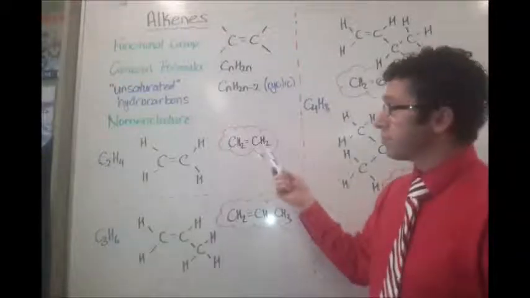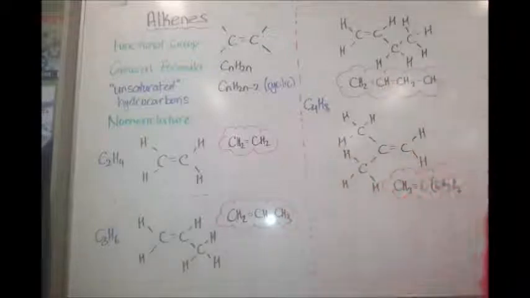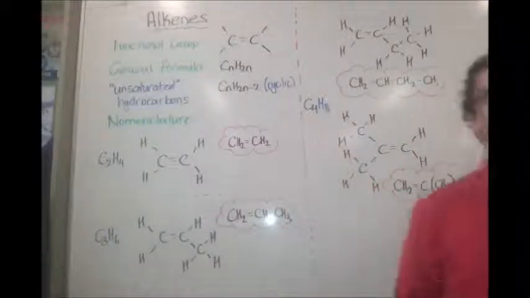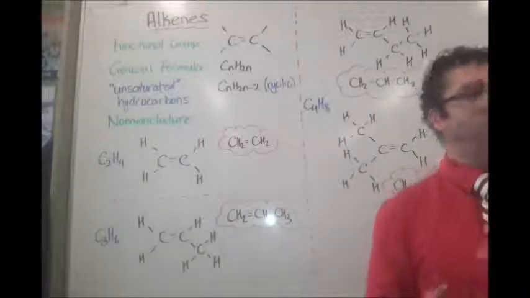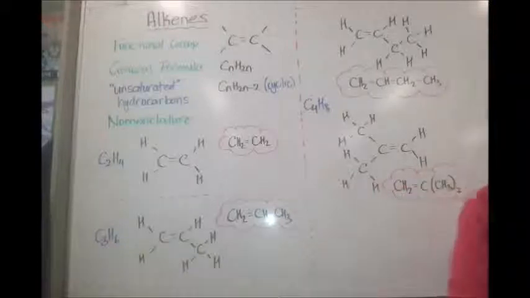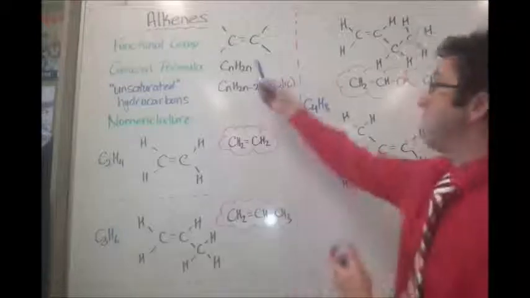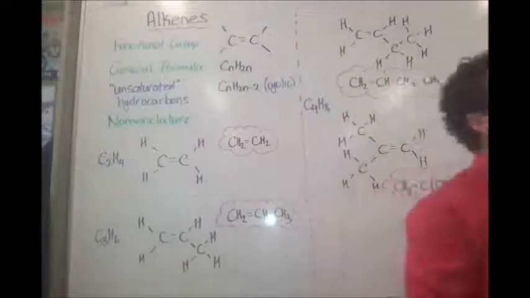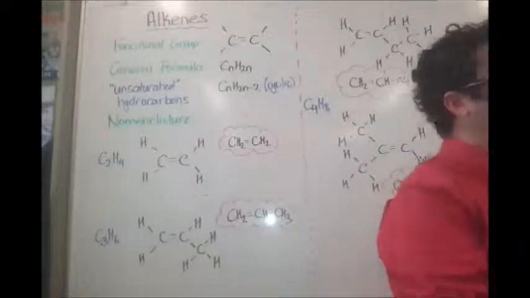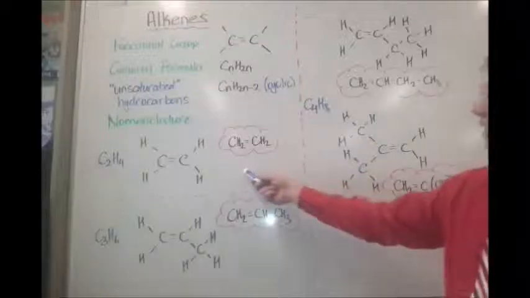So, just like in the alkanes, we use that same naming, meth, eth, prop, but. However, of course you can't have an alkene with only one carbon in it, because it needs a carbon-to-carbon double bond. So the smallest of the alkenes is ethene.